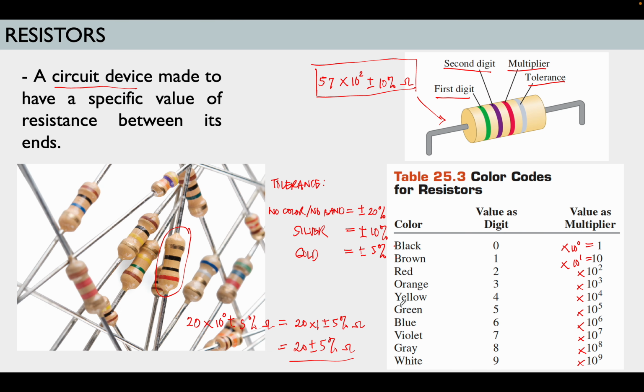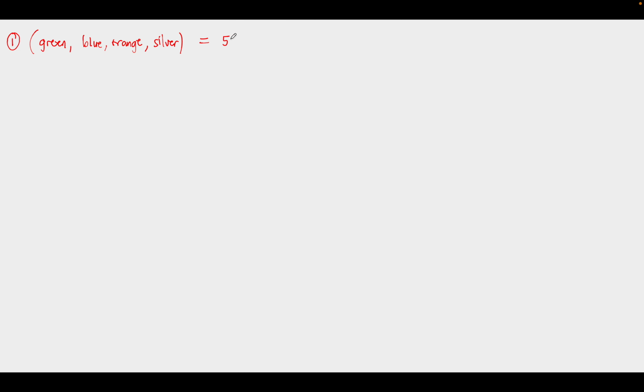Okay, so let's have examples on how to determine the resistance of a specific resistor. Example number 1, let's say the sequence of colors are green, blue, orange, and silver. So this is our first band, green. Second band is blue. Third band, or the multiplier, is orange. And then we have silver as our tolerance. Green here is 5.